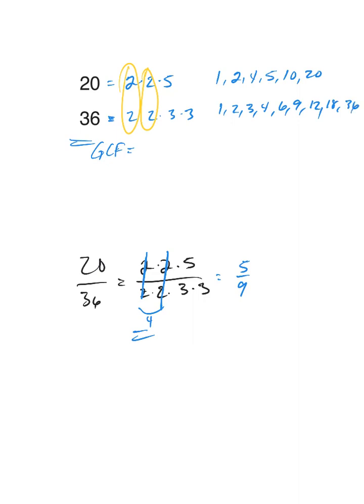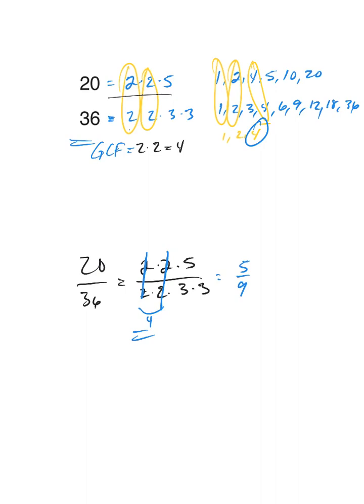So if I circle what their common factors are, 1 is a common factor, 2 is a common factor, 4 is a common factor, and that's it. The common factors are 1, 2, and 4. The greatest common factor is going to be 4. So when I look at the prime factorization, I have 2 times 2, which equals 4.